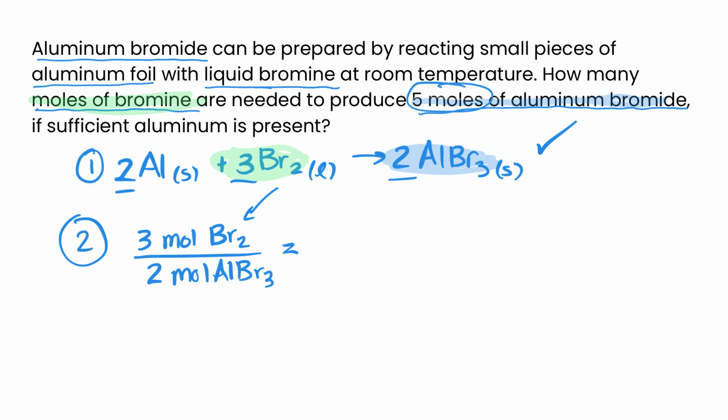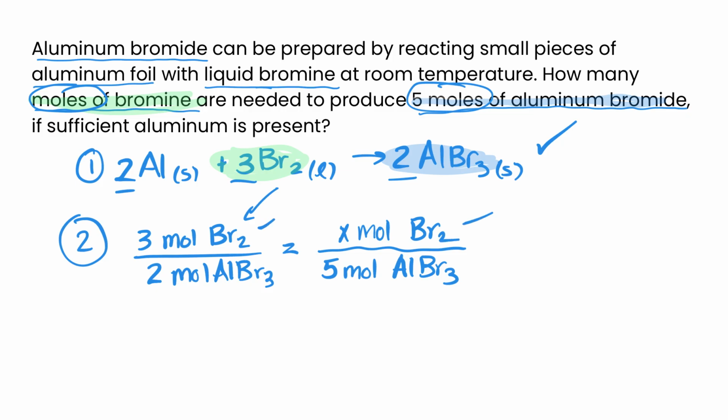So we've got 5 moles of AlBr3. That's on the bottom on that side, so we make sure it's on the bottom this side. And then we're trying to find moles of bromine. We got moles of bromine on the top, so we're going to put moles of bromine on the top here too. Okay, double check that, make sure that those match.